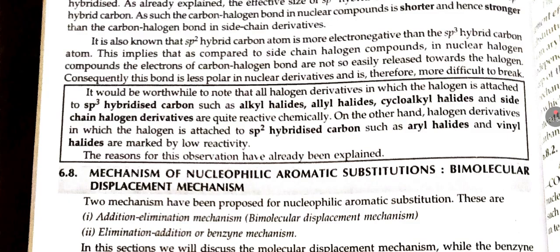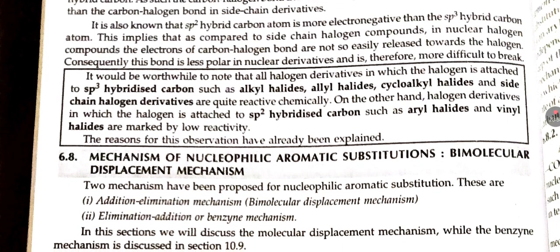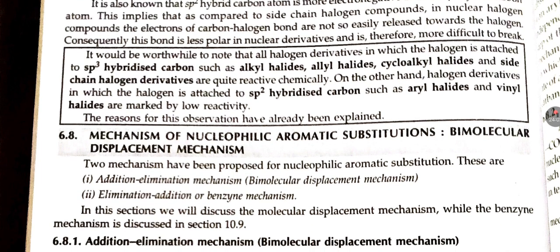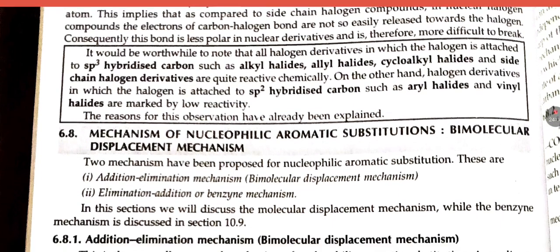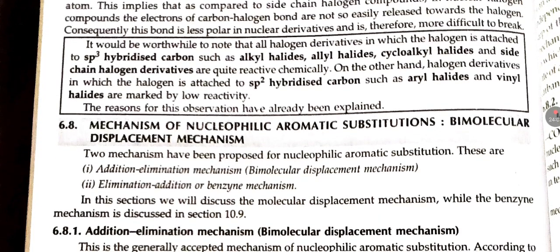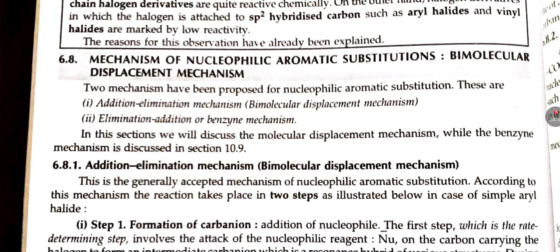It is also known that the sp2 hybrid carbon atom is more electronegative than sp3 hybrid carbon atom. This implies that as compared to side chain halogen compounds, in nuclear halogen compound, the electrons of carbon-halogen bond are not so easily released towards the halogen. Consequently, this bond is less polar in nuclear halide and is therefore more difficult to break.